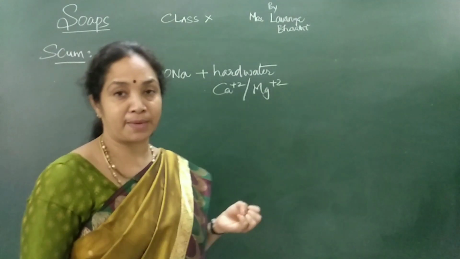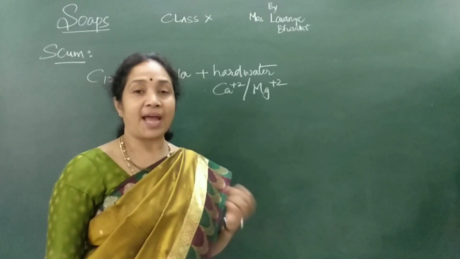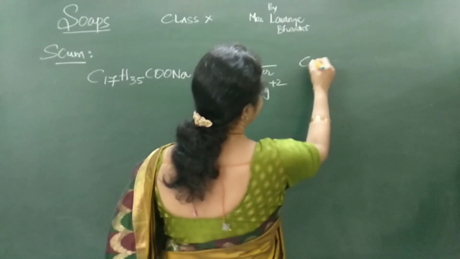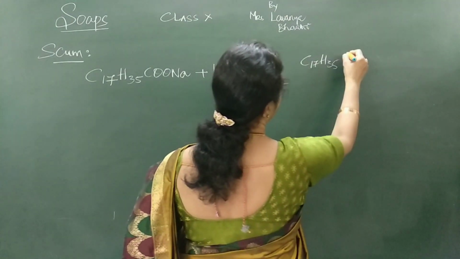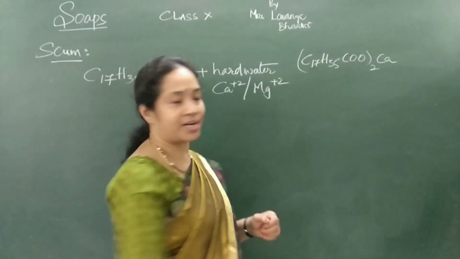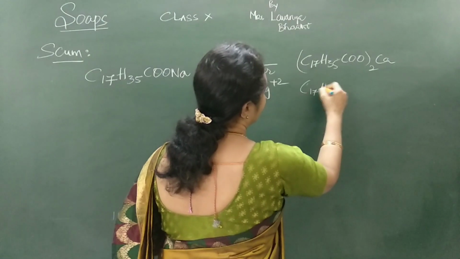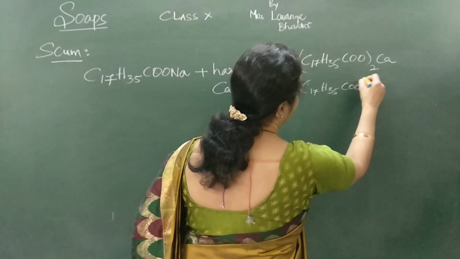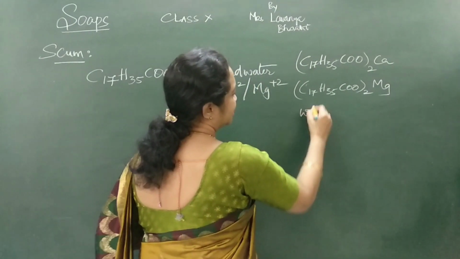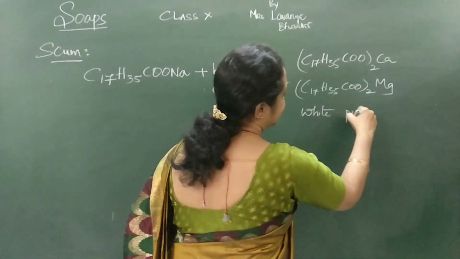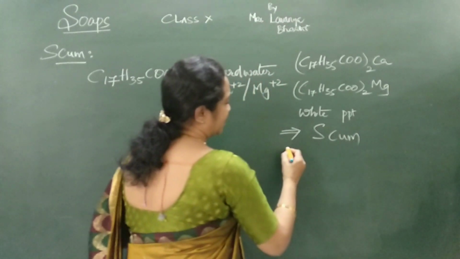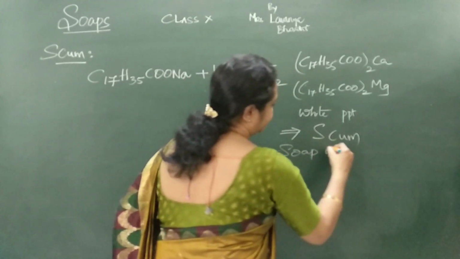More calcium and magnesium ions interfere and they form a white precipitate, and that precipitate is (C17H35COO)2Ca, which we call calcium stearate, and (C17H35COO)2Mg, which is magnesium stearate. These are separated out in the form of a white precipitate. We call this scum. So scum is nothing but soap waste.